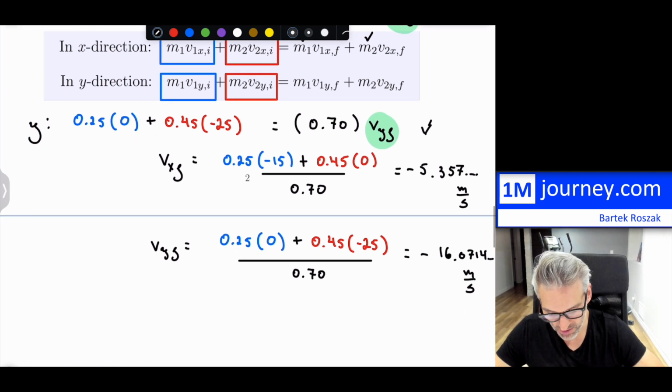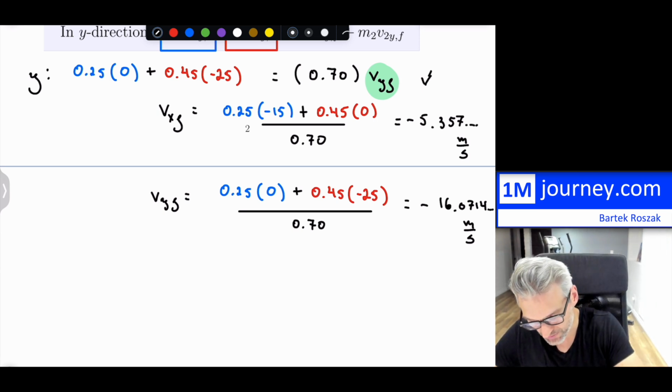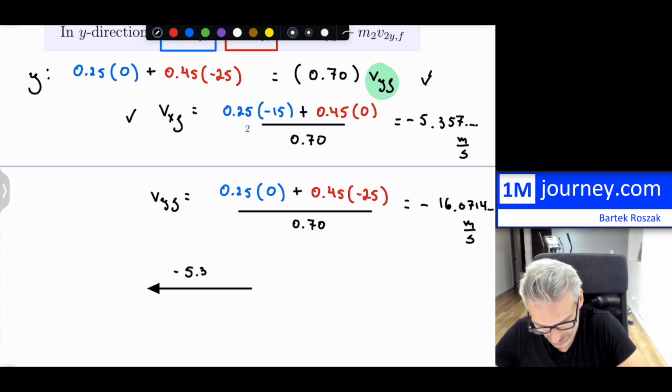So if I wanted to be able to see exactly what this is, I have the x and the y components. Now it doesn't actually tell us in what format they want it, but I'll try to put it in the magnitude and angle format. So here's my x component. That component is moving in the x, and it's going to be negative 5.357.